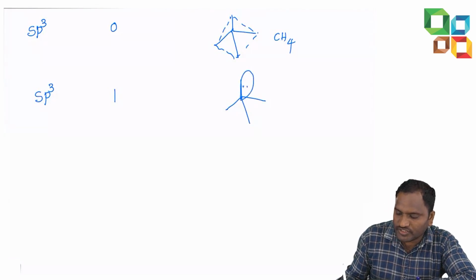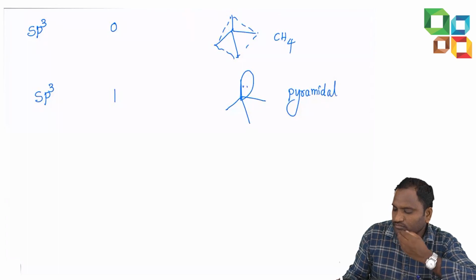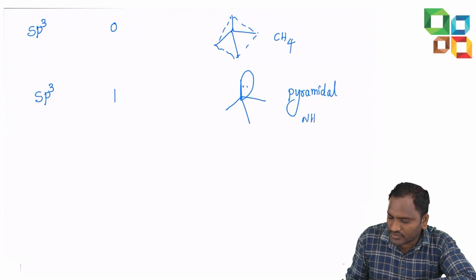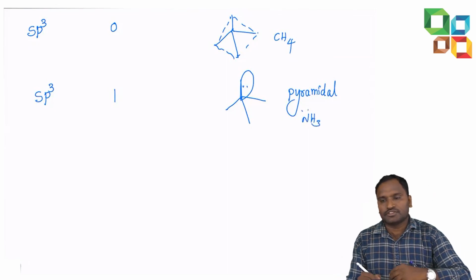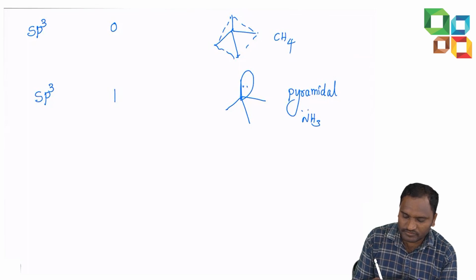Now it is pyramidal shape. Example for this: NH3.